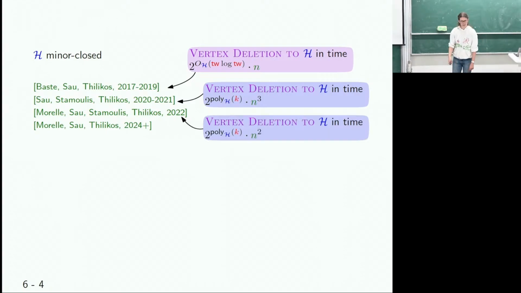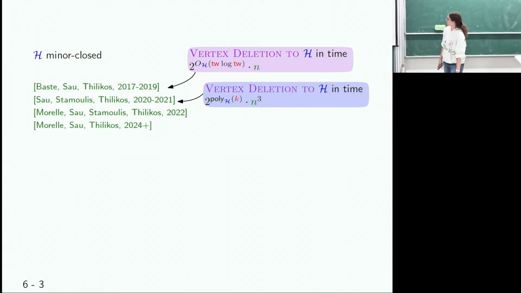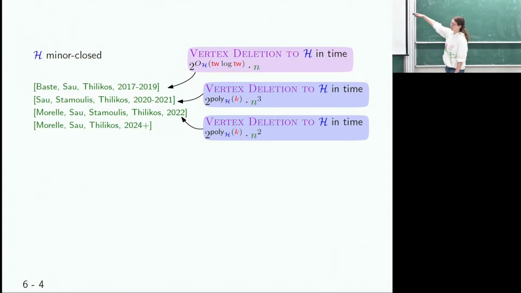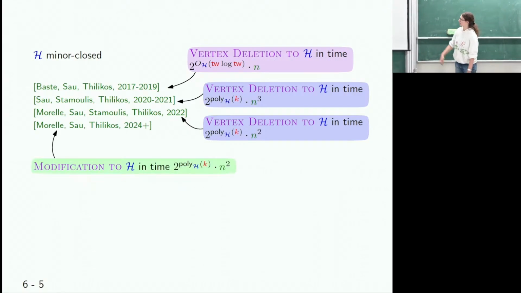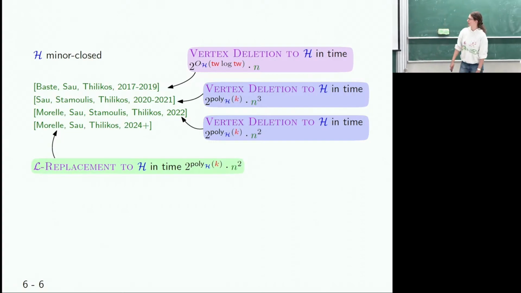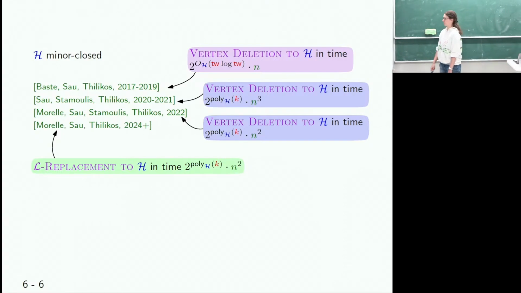Is the first one the treewidth of the entire graph? Of the input graph. Okay. Then we managed to go from n cubed to n squared, and now we did many modifications. So essentially the replacement that I talked about to H is in this running time. So each time we improve the previous results.